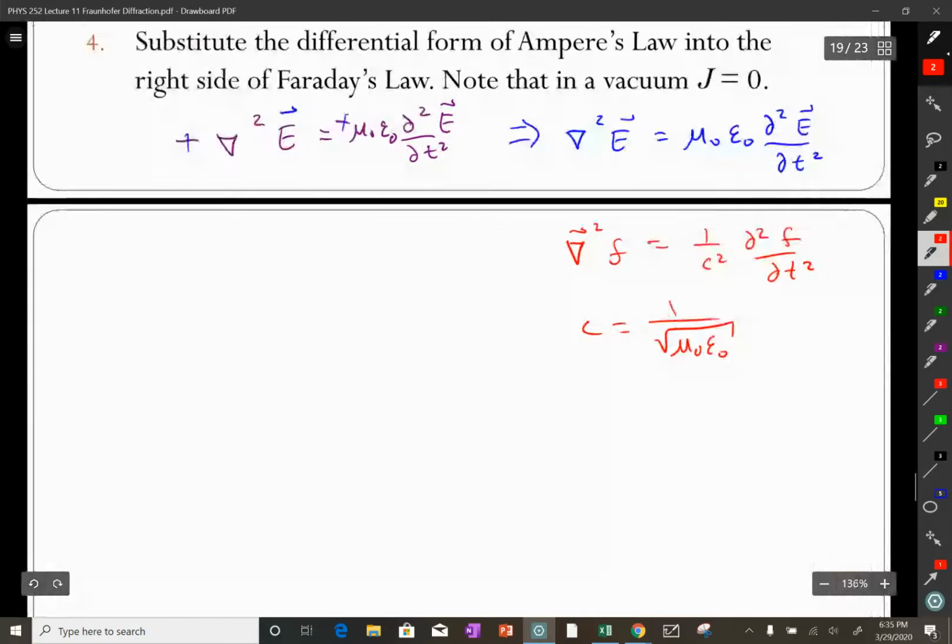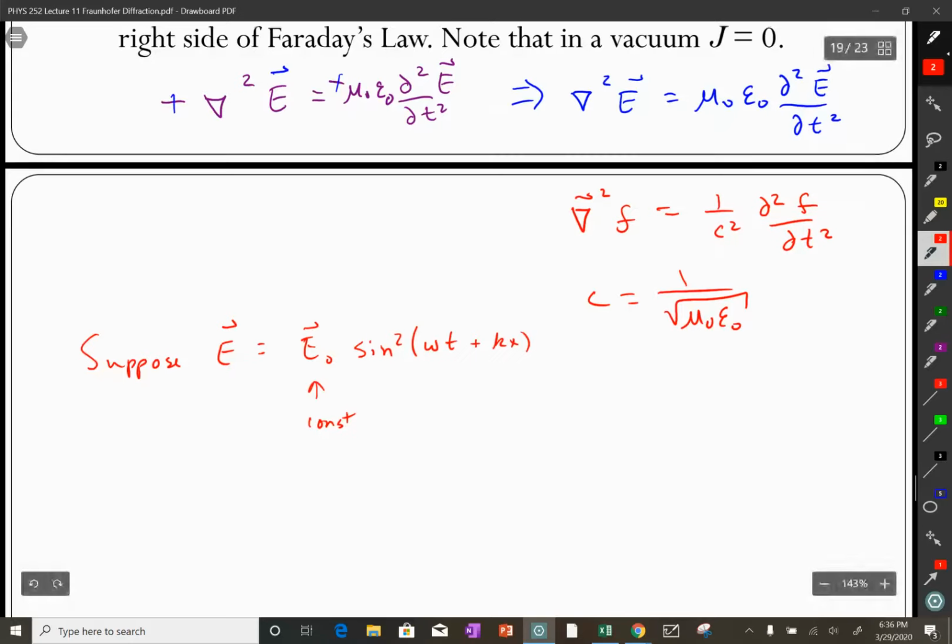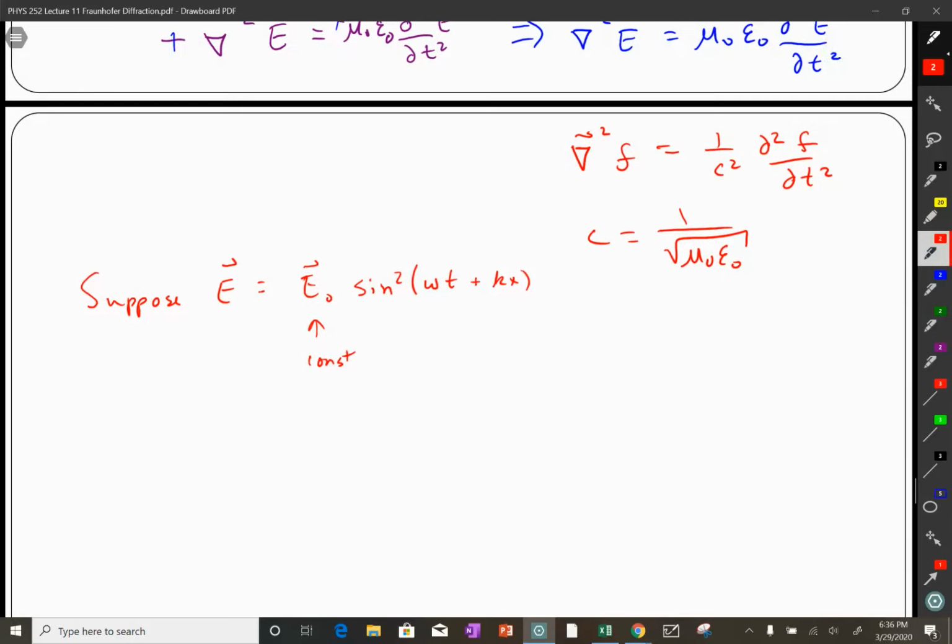Otherwise, I could say, suppose E vector is equal to E0 vector, which is a constant, times sine squared of omega t plus kx. And I ask you, is this a solution to that wave equation? Well, to test it, you simply do the derivatives.